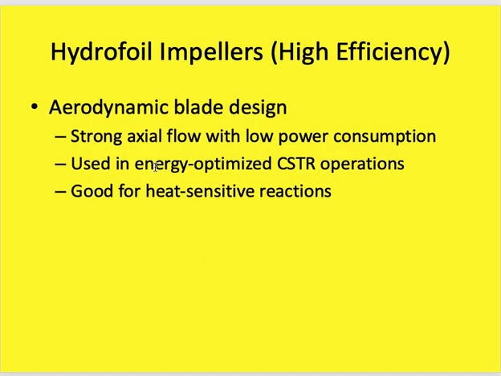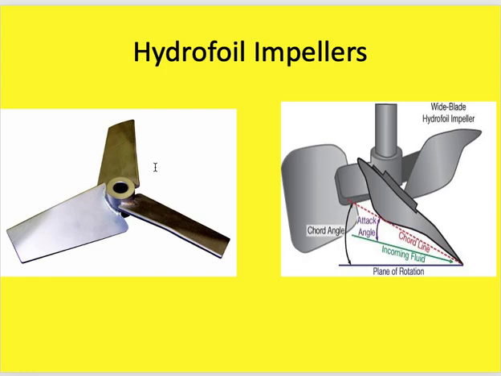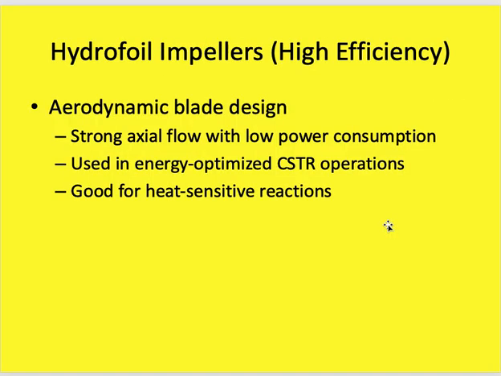Okay. The hydrofoil impeller works with high efficiency, with an aerodynamic blade design. What is the shape? The shape is like this. These 3 blades here, and here is the design of the angle, controlling the power of mixing by controlling this angle in the hydrofoil.